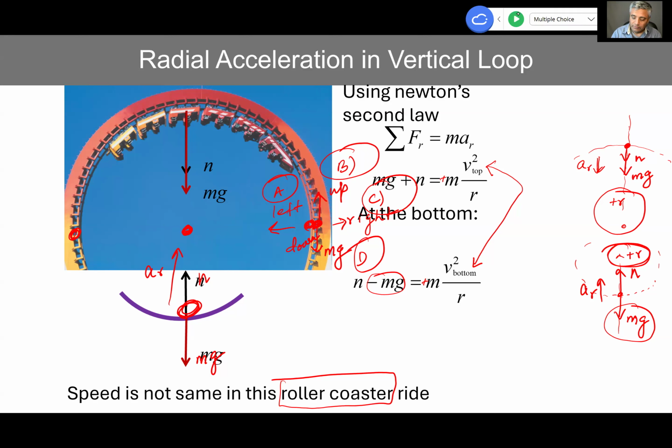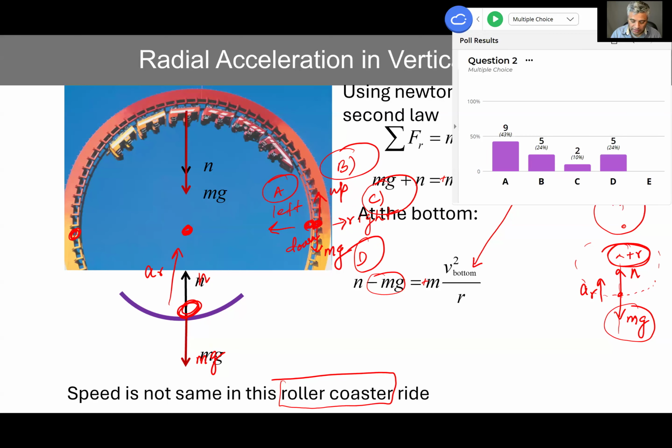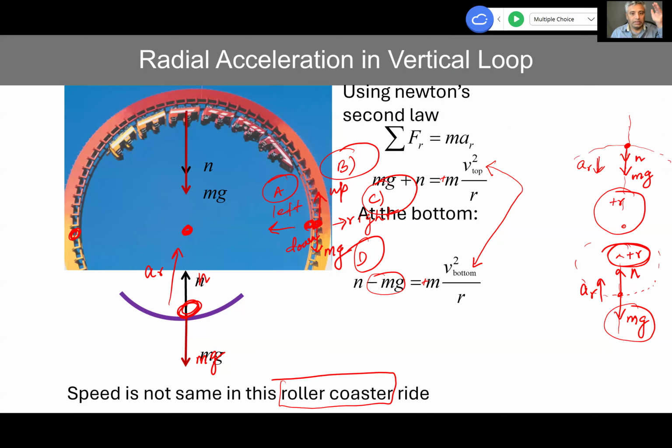Okay. Let's see what we got. So we got all of them, a little bit more for A, and that is the correct answer. So it is like the person is stuck on the wall, right? What happens? The wall is pushing now, the track is pushing inward towards the center of the circle.